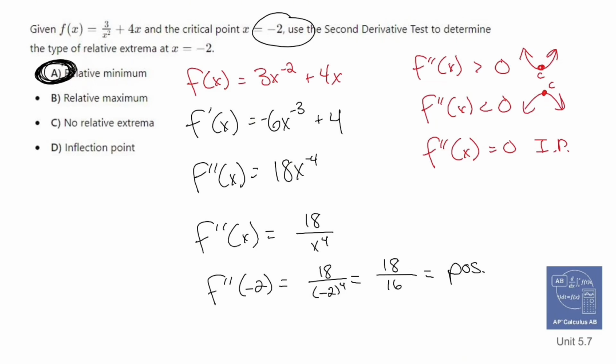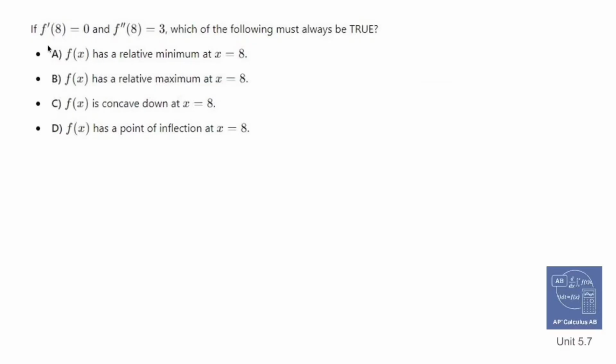Second derivative test, so much fun. If f prime of 8 equals 0 and f double prime of 8 equals 3, which of the following must always be true? Well, f prime of 8 means that x equals 8 is a critical point.